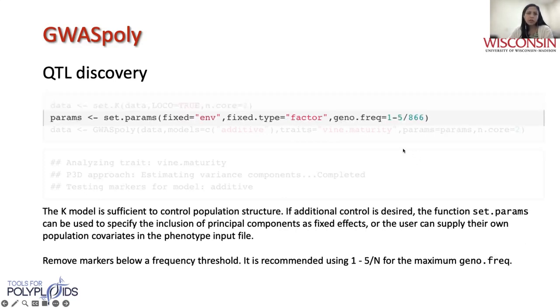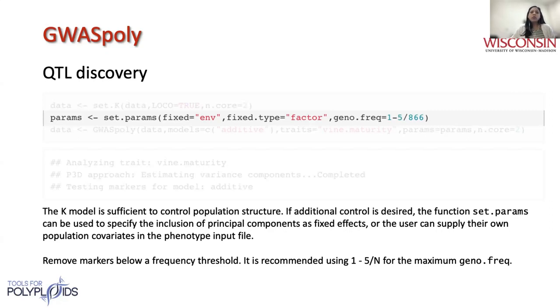The second part is to determine the parameters. And here you will include the covariates in your model. For instance, one of the factors in my model is environment, because 2 years were evaluated for the tetraploid potatoes and only 1 year for the diploids.